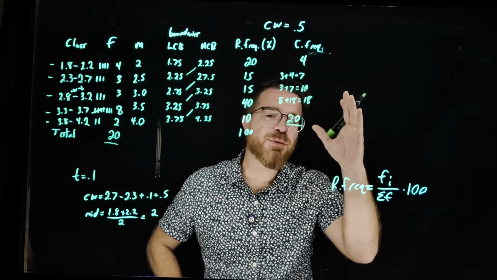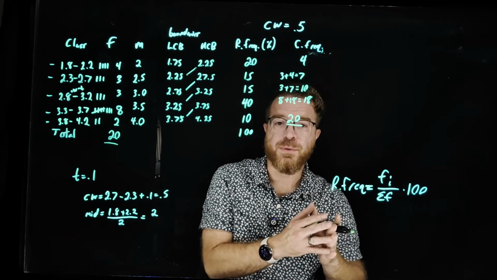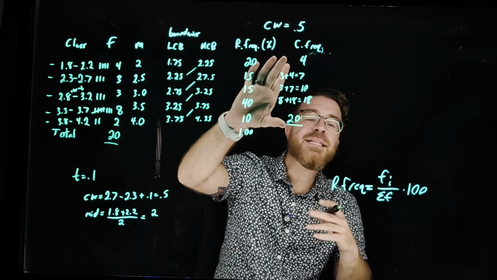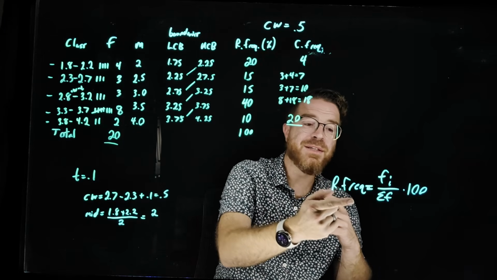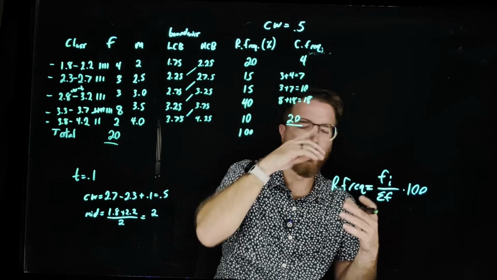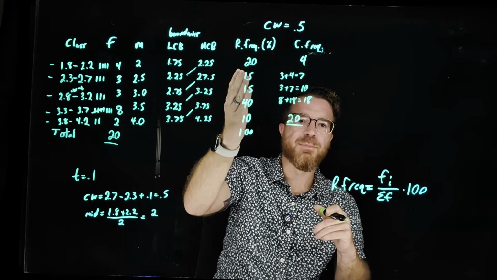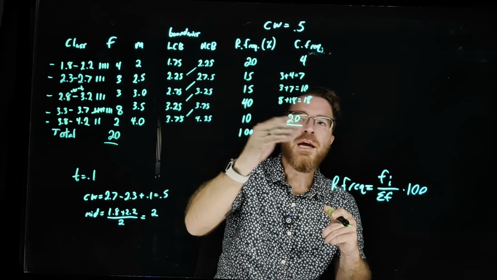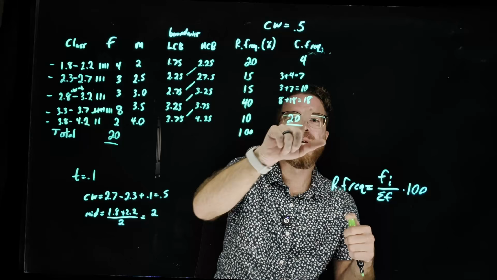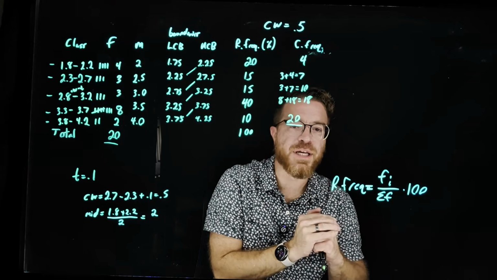Now, sometimes we will actually have another column, which is going to be the cumulative relative frequency. If you have the cumulative relative frequency, you could take these cumulative frequencies and find the relative frequency of them like before. So you'd get 4 over 20, and if we want to do it as a percentage, times 100, which would give us 20%. 7 over 20 would give us 35%. 10 over 20, 50%, 18 over 20 would be 90%, and then 20 over 20 would be 100%.